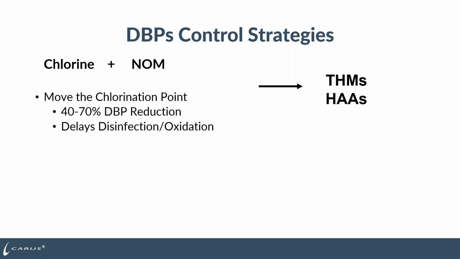Now, as part of a strategy for getting disinfection byproducts under control, there were a couple options that plants could take. The big one was, because it's a combination of the natural organic matter or total organic carbon reacting with chlorine, if you move the chlorine away from where you have the most natural organic matter, which would be the raw water, and move the chlorine to the back of the plant, you can see a huge reduction in disinfection byproducts if you're removing the organic matter in your coagulation filtration process.